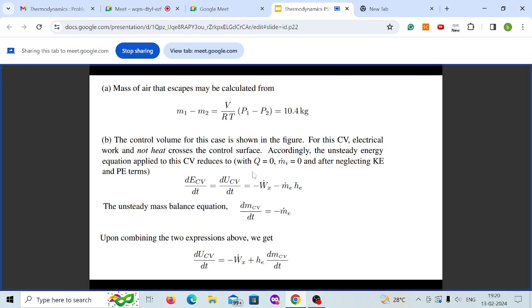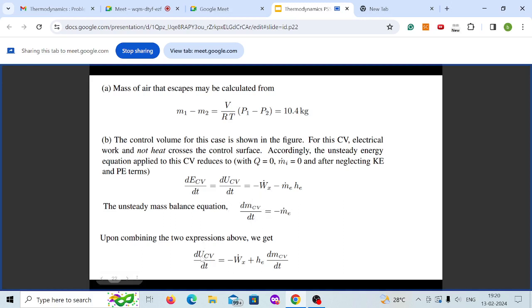So this being an unsteady case, you can write the change in mass of the system, dmCV by dt, as minus m dot E. That is, the mass flow rate of the exit stream, or the exit air which is going out, will be equal to the rate of change of mass in the system. This you will get from the mass balance equation.